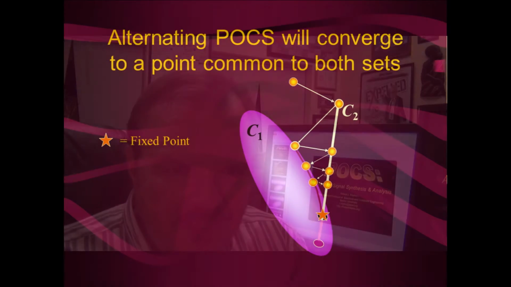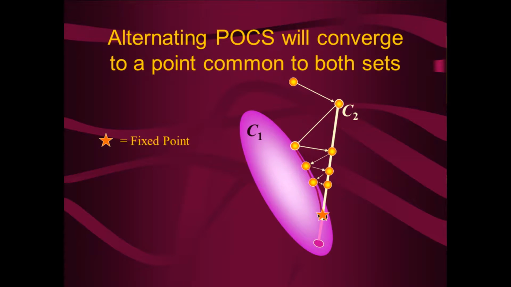We talked about the projection onto convex sets, and here we have the interesting general result of POCS. If we take two convex sets and we alternately project between the two convex sets, we talked about projection last time, then we will end up as a fixed point in the limit at a point which is in the intersection of the convex sets.